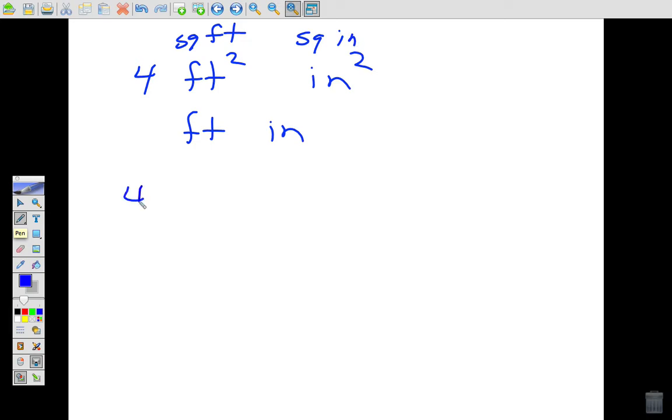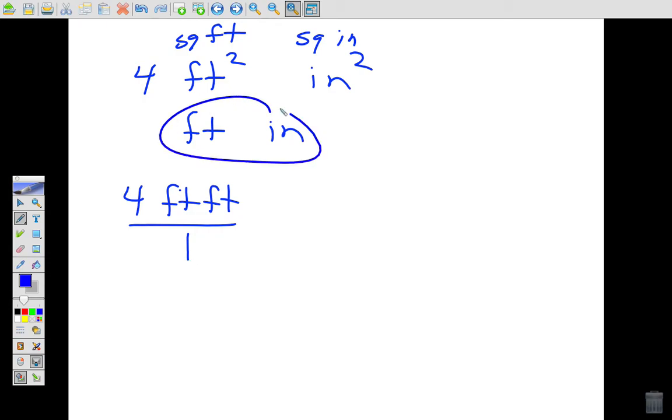Well, 4 feet squared means 2 of them. Squared means 2, so I write it out twice. Since I have 2 of them, I'm really going to use this twice, right? So not 1 multiplier, but 2, because area is squared. I have 2 of them.